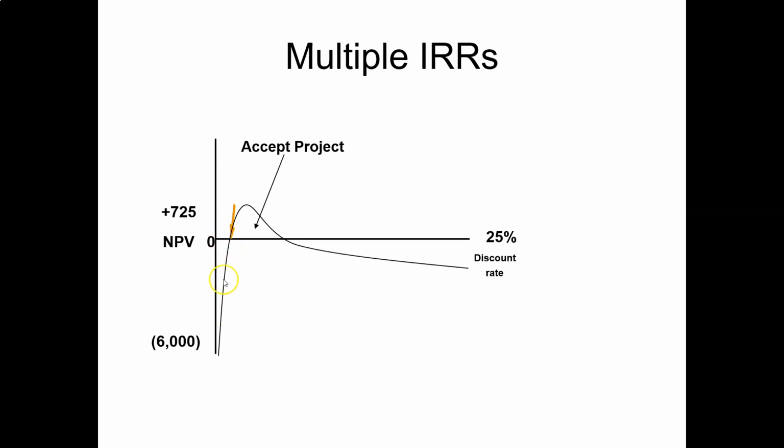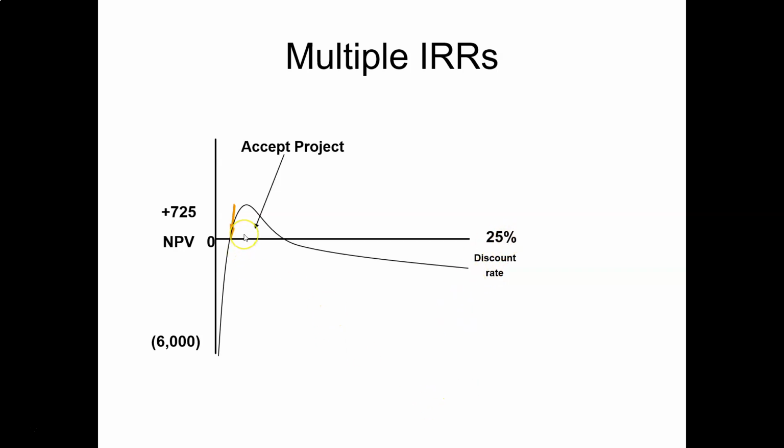Because the present value of this maintenance cost will be overly high when the discount rate is very low. The net present value will also be negative if the opportunity cost of capital is very high, say 25%. Why? Because the present value of this revenue annuity will be very low if the opportunity cost of capital is very high.